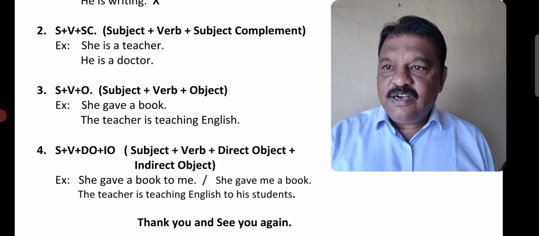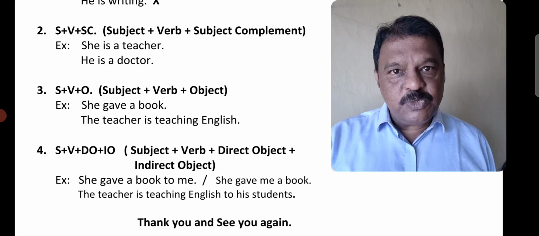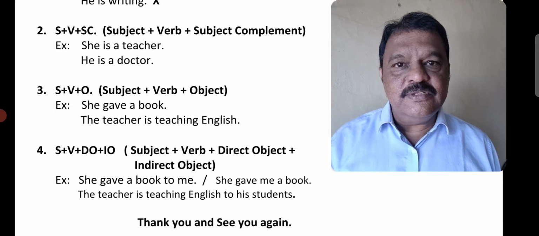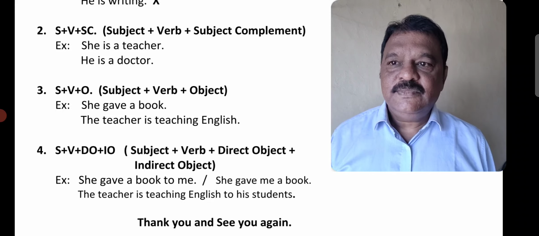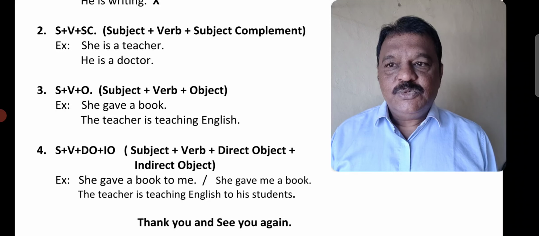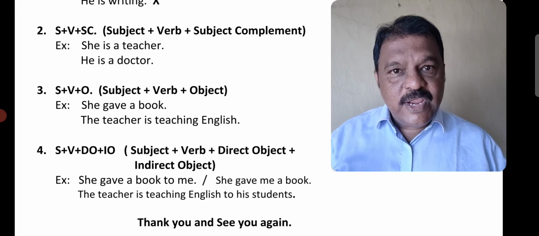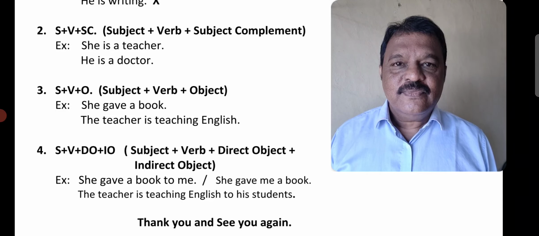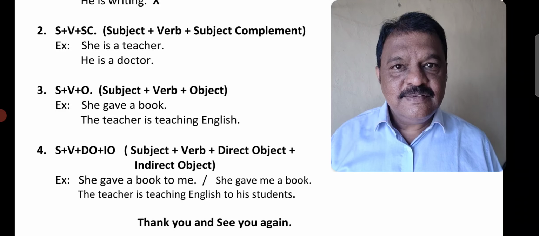The same way, under pattern number 3, you can also produce your own sentence, keeping these examples as your model. She gave a book. So now, keeping this model, how can you produce your own sentence? Think and see.